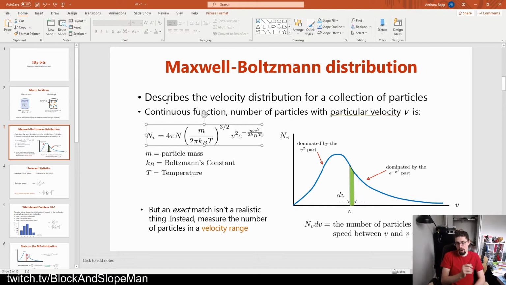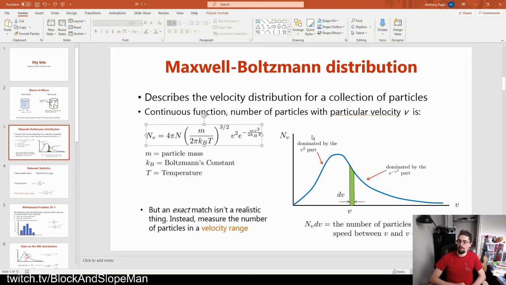Once you find the number of particles, capital N, you just leave that one sit, and that's some sort of scaling constant for the distribution. The part that actually gives it the shape is the second half, so v squared times e to the negative m v squared over 2 k_B T. Right, which actually looks a whole lot like this whole thing right here, just with the v squared as well.